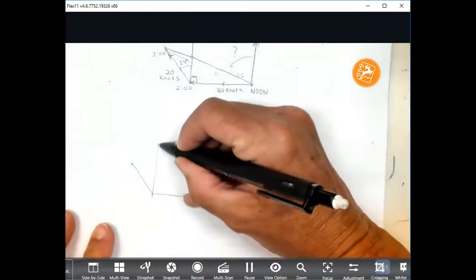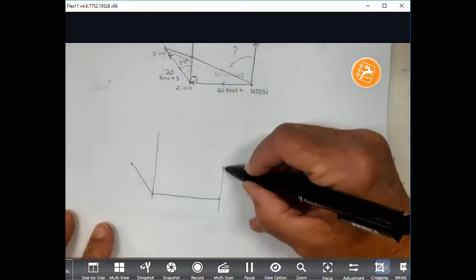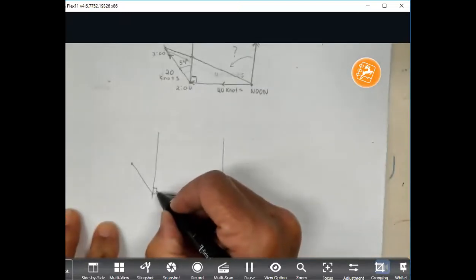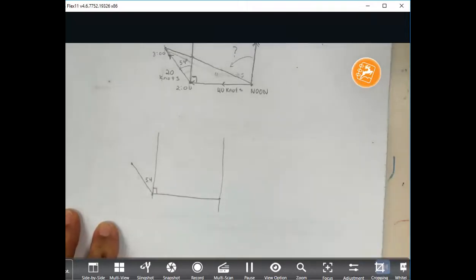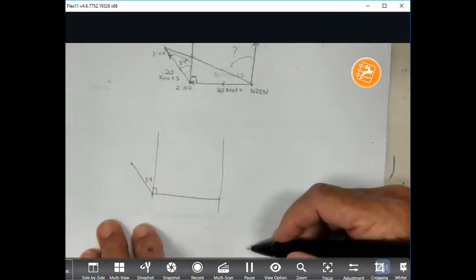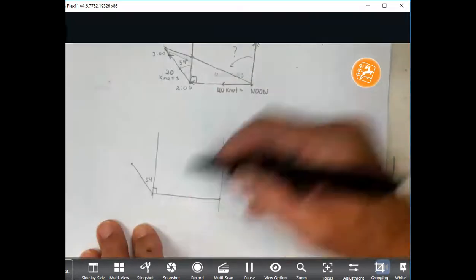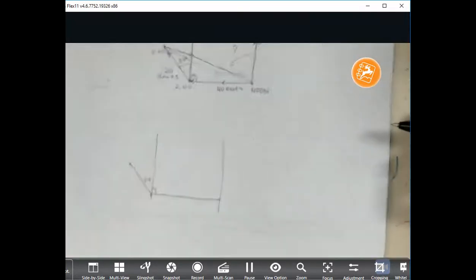This angle and that one. Let's see, I've got a right angle here. I've got a 54-degree angle here. Well, these are parallel lines, but I don't have a transversal anywhere.